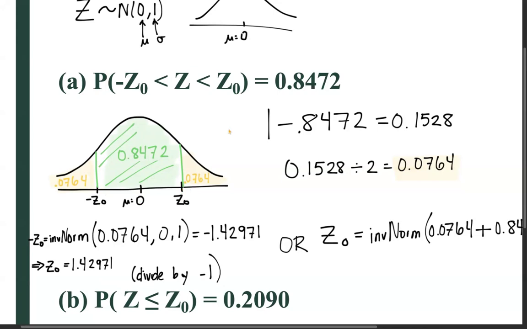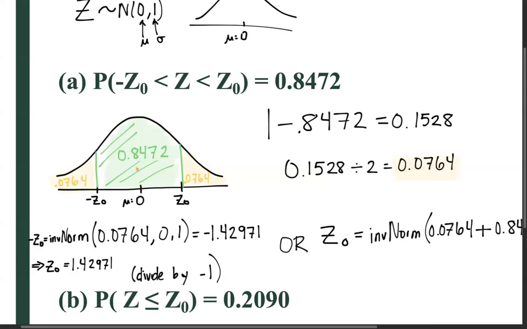And we're given that this probability, the area under the curve from negative z sub 0 to z sub 0, is 0.8472. So that's this area under the curve in green.